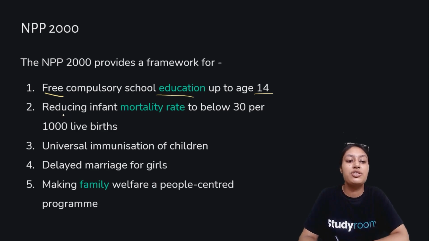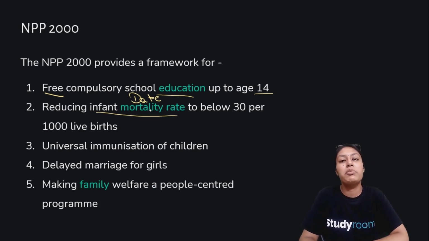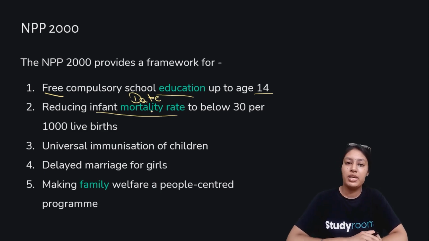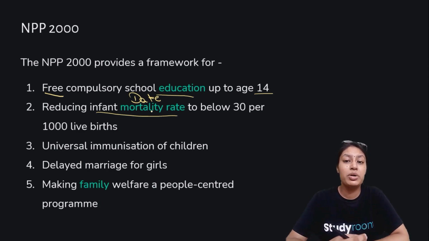Next, second thing is to reduce the infant mortality rate. Mortality rate is basically the death rate. Mortality rate or death rates are almost the same. So what used to happen in India is, due to lack of proper healthcare infrastructure, infants, means the babies who were born, used to die at a very young age due to lack of proper nutrition or lack of proper healthcare management.